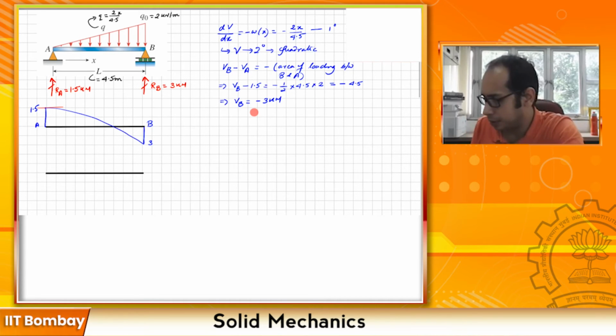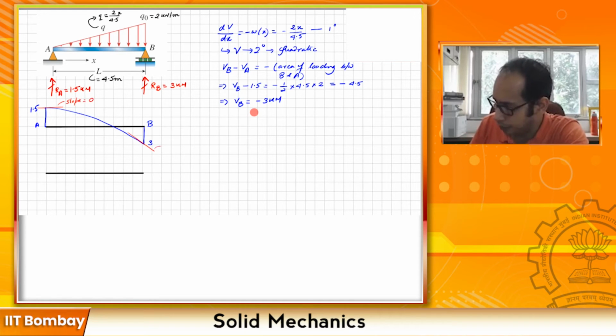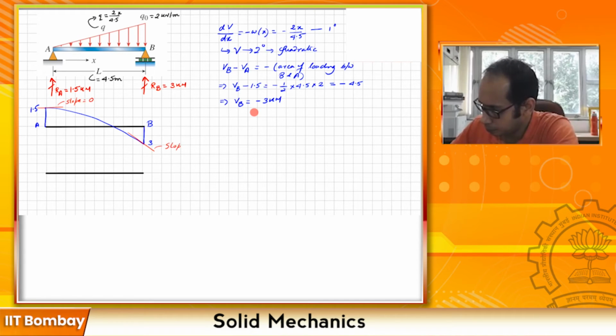So here at the right end I have this particular slope. Here the slope equals 0, and here my slope is negative 2.